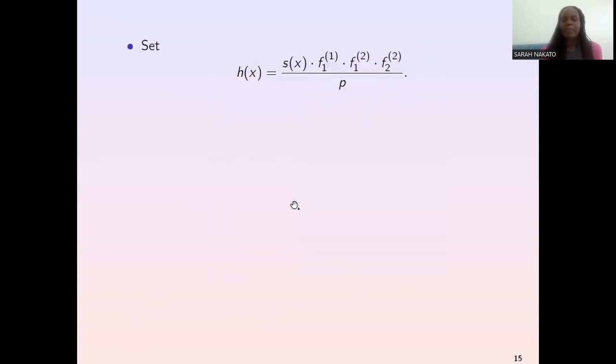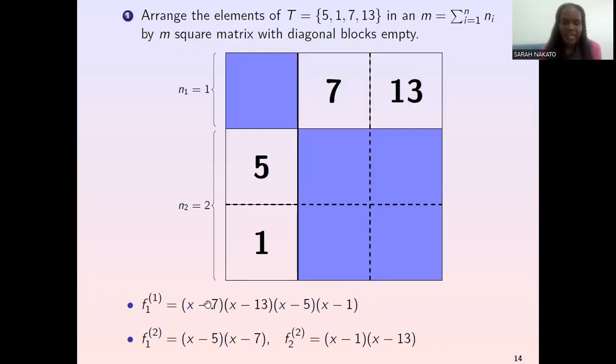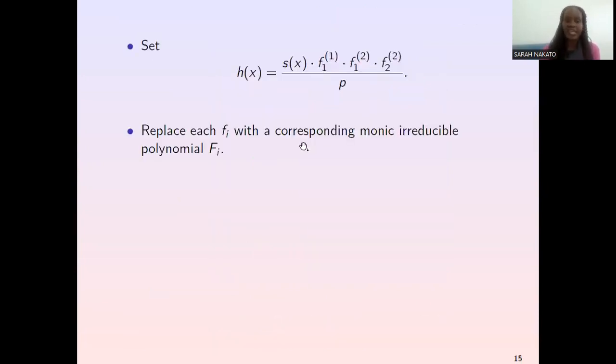Great. But now because these are floating around, these are not irreducible, in our construction, we glue them. So we replace each of these fi's with corresponding monic irreducibles, capital Fi, without losing the information regarding this fixed divisor.